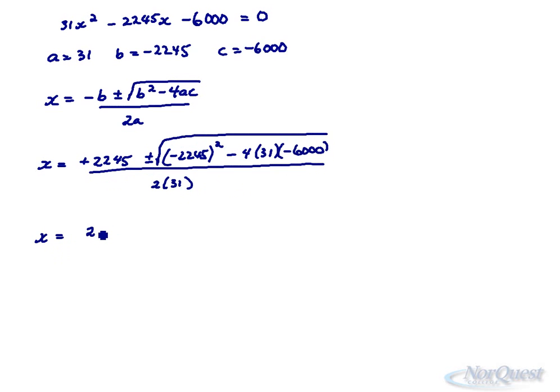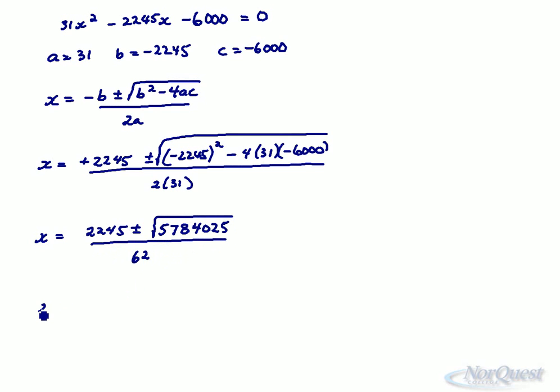Simplify it. 2245 plus or minus. Alright, now we punch in the 2245 squared minus 4 times 31 times negative 6,000. We get a really big number, 5784025, over 2 times 31, which would be 62.